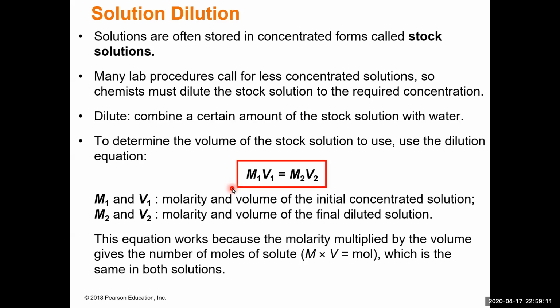So your moles of solute is going to be the same when you multiply M1 times V1 of your more concentrated solution, and when you multiply M2 times V2, that gives you the same moles of solute.